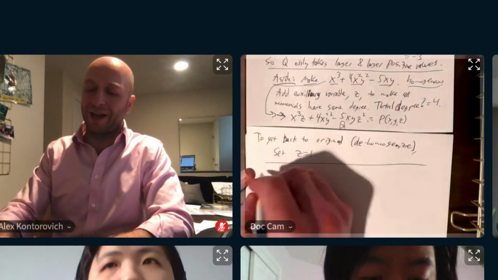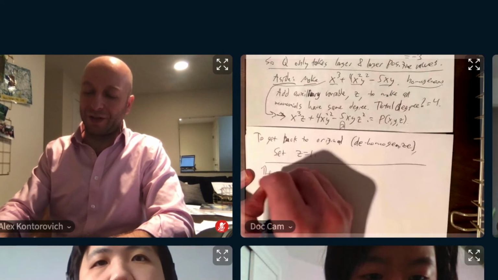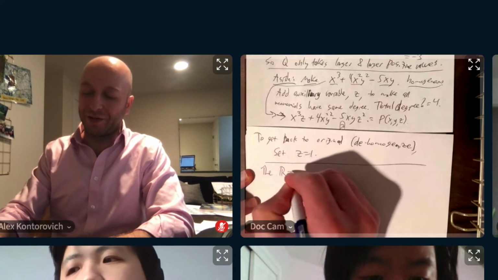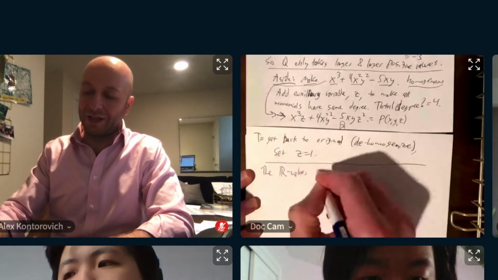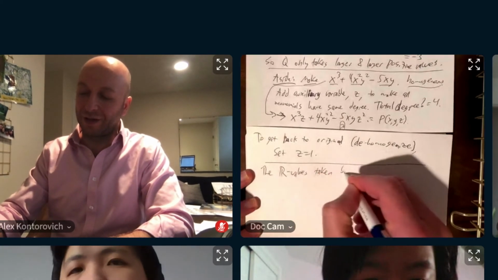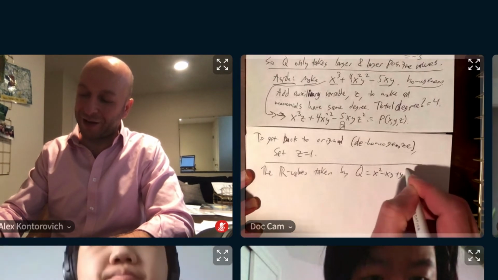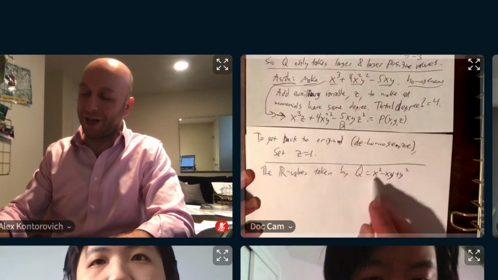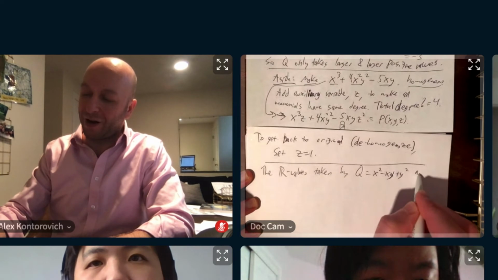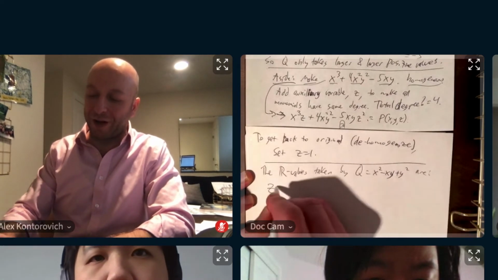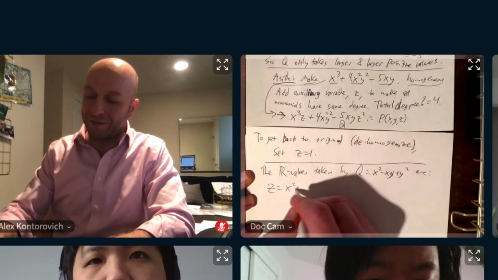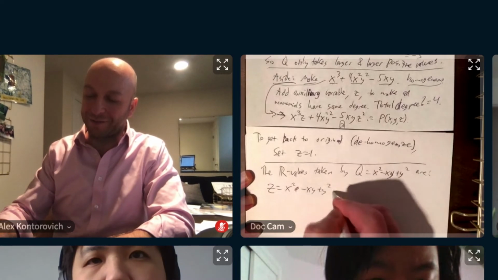Let me just say that again. The real values taken by Q, let's back down to earth, taken by our quadratic form are the solutions whenever z is equal to x squared minus xy plus y squared.